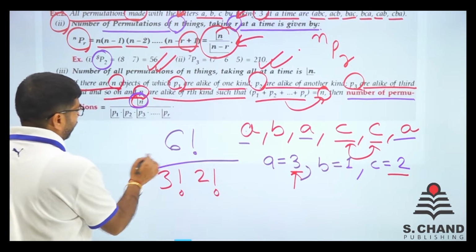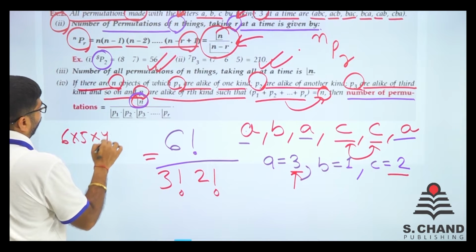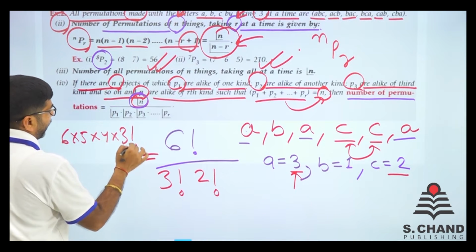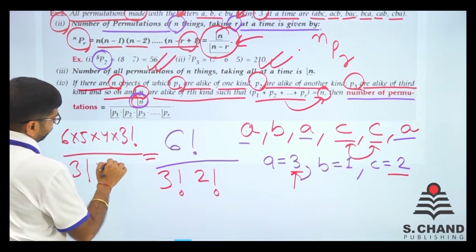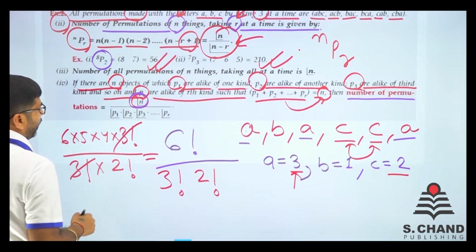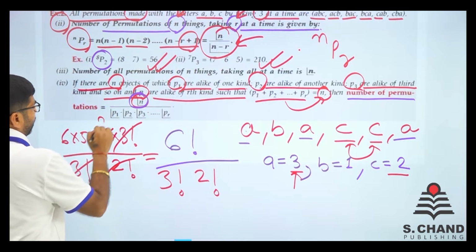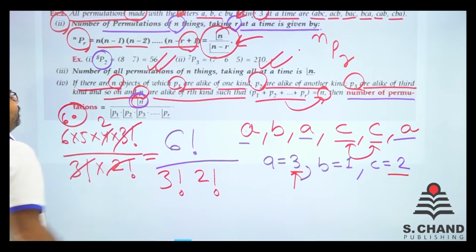If you want to solve this, it will be 6 into 5 into 4 into 3 factorial, divided by 3 factorial into 2 factorial. So 3 factorial cancels 3 factorial, and 2 remains 2. So 6 into 5, 30, divided by 2, gives 60 permutations.